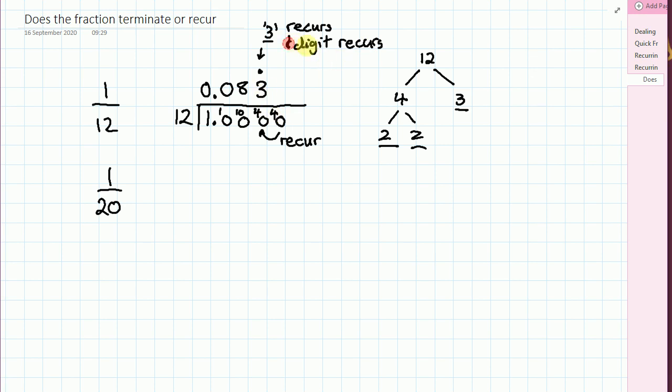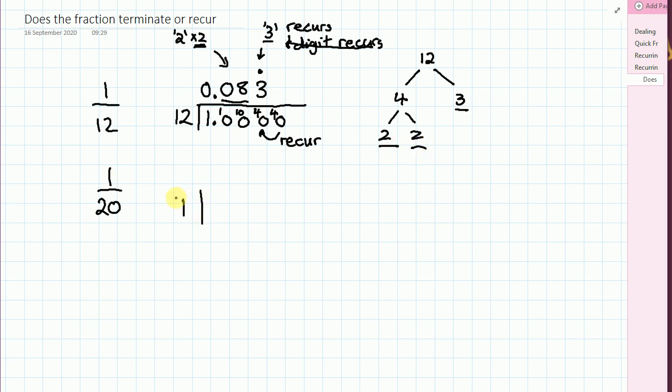But what it does, the 2s say that there are 2 digits. Because there are two 2s, there are 2 digits before it starts recurring. Now we'll explain in a minute why that happens when we come into the next one.